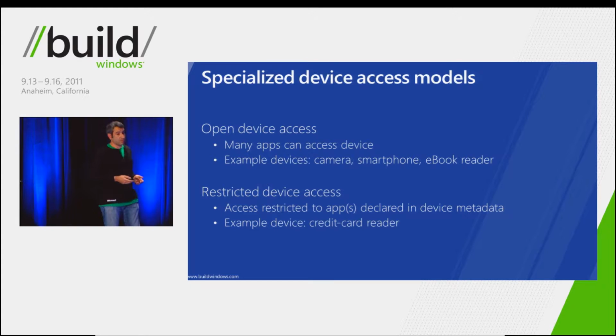If so, if you do need to enable many different apps, you need to use an API that participates in our open device access model. Next, I'm going to introduce Nar, who's going to describe our device access architecture and the APIs which fit into these access models. Welcome, Nar.